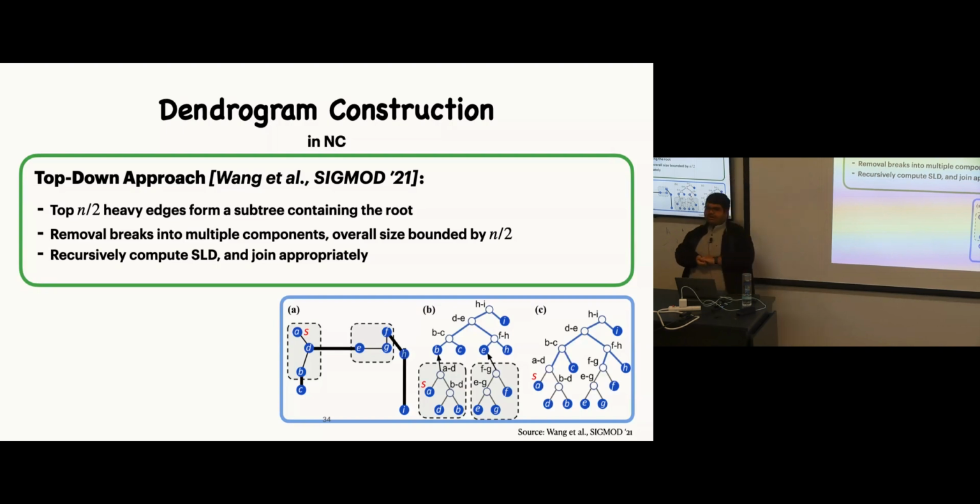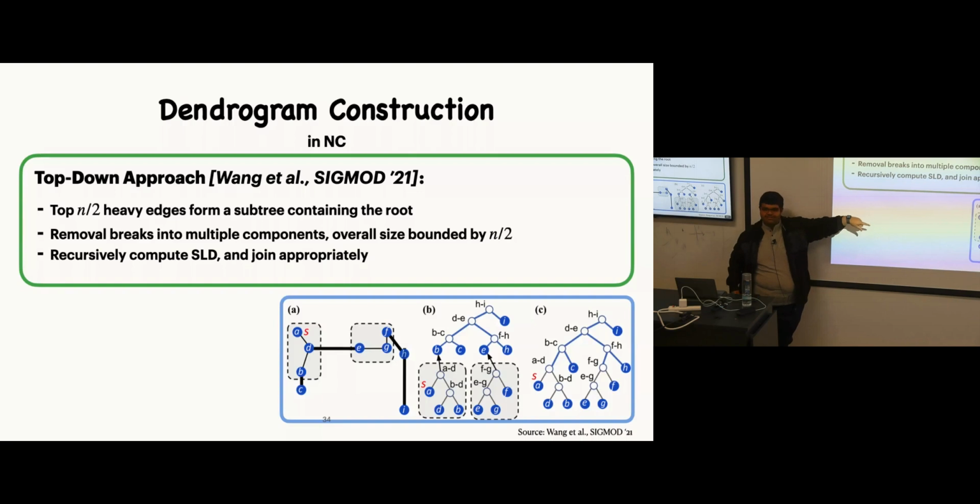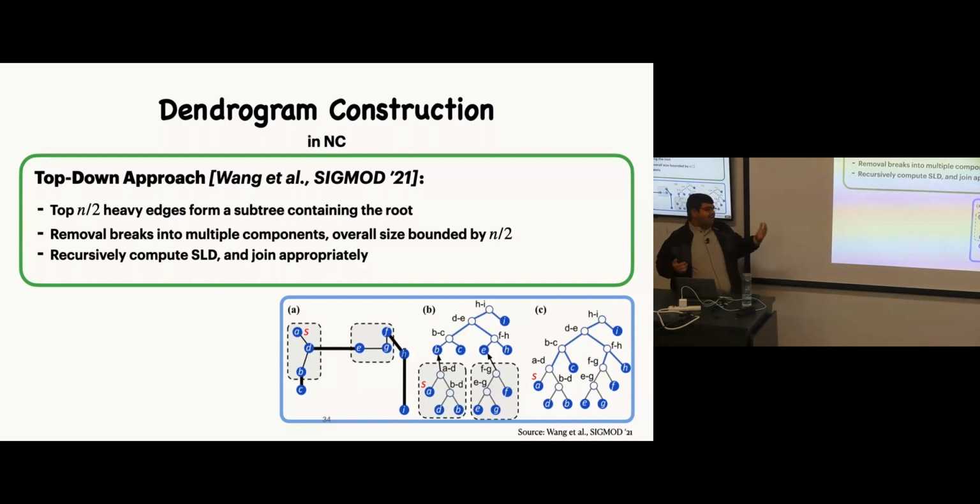And then if you think about it, it's not too hard to see that the subtrees between these heavy edges would correspond in the dendrogram to hanging off one of these nodes, right? So the idea now is to recursively solve the problem on all of these small subtrees. They have to be connected.